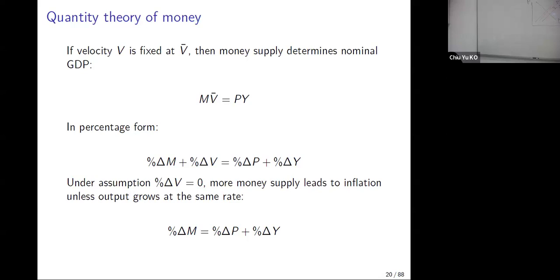Later, in the second half of the class, we talk about output being determined by the technology of the economy, how much capital you have, how much labor you have. These things are not affected by the policy of the government. This is more or less not changing, or maybe you can predict it. Later we'll look at the Solow growth model to understand this part.